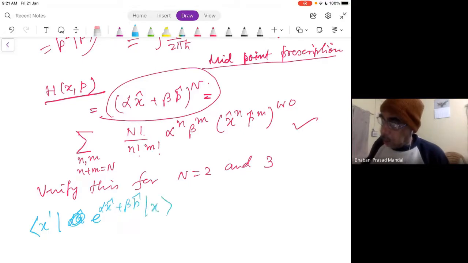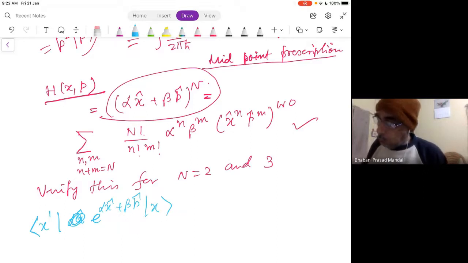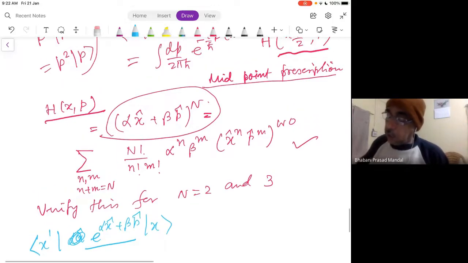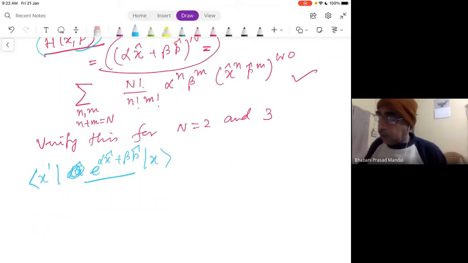We calculate this quantity in Weyl ordering. If we know how to calculate this, I can use the same result to find it for any Hamiltonian. This is the idea. So this gives all kinds of monomials in Weyl ordering, and for convenience we write it this way, and then we can find how this quantity will behave.